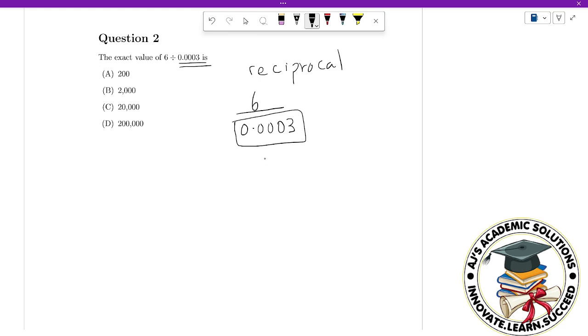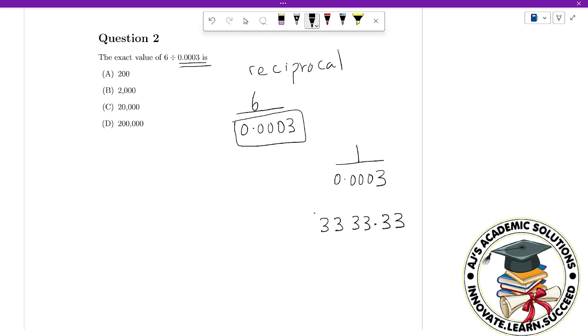So I'll do a little bit more explanation of how you do this in another video. Just to help you move along, the reciprocal of 0.0003 is going to be written as 1 divided by 0.0003, which, as a reciprocal, is 3,333.33.